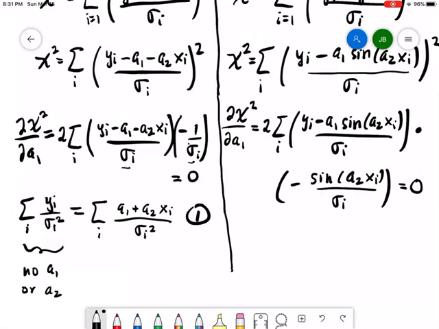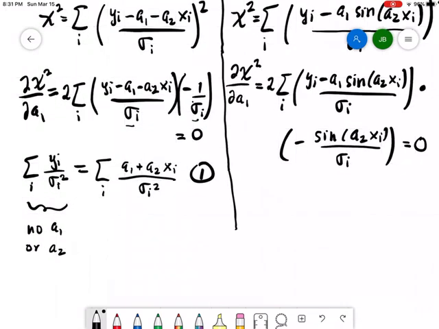All right. We could try to do the same thing we did for the linear fits. We can take the yi and move it over to the left side. But this time, if we look at yi, it's going to multiply minus sine a2 xi over sigma.